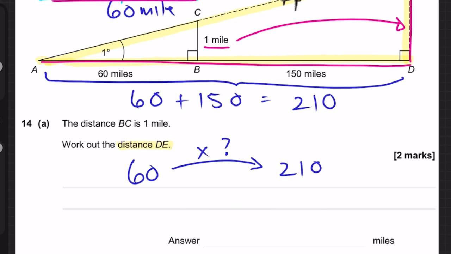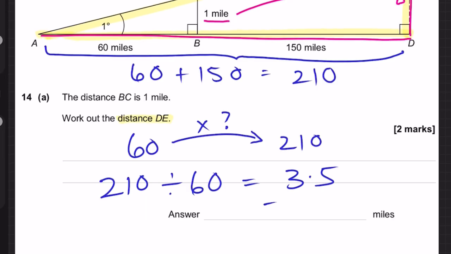So to do this, we need to find out how many 60s go into 210. That will tell us what the 60 was multiplied by, and that was 3.5. That means if we multiply the mile by 3.5, we get DE is 3.5.